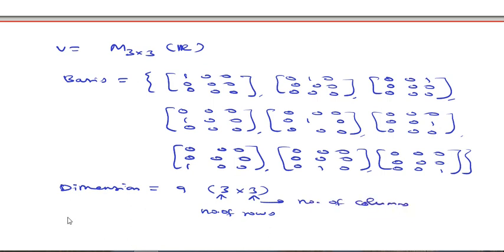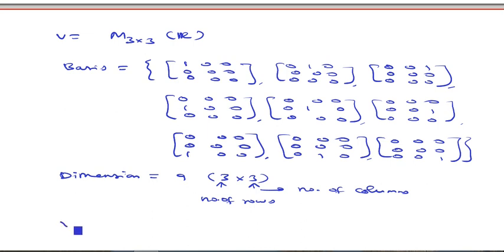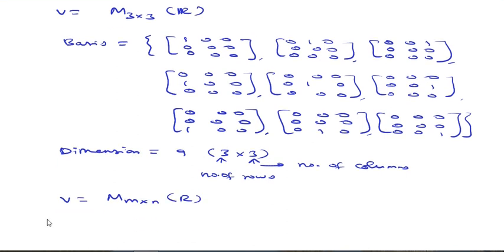So therefore we can generalize this one. Suppose V is the set of all matrices of the form M by N whose elements are real numbers. Then the dimension, the number of elements in the basis, is M times N, that is Mn.